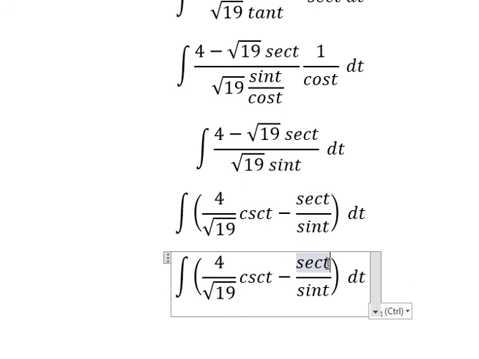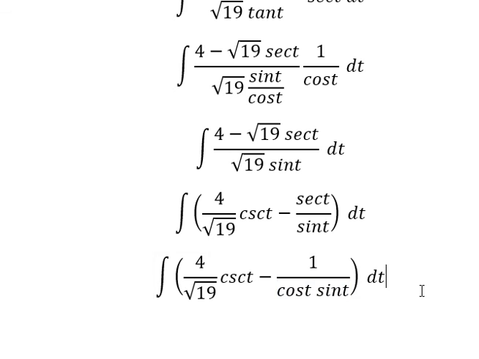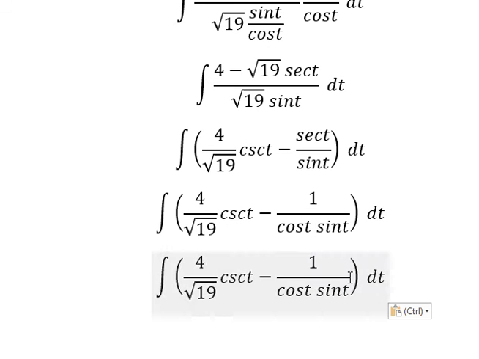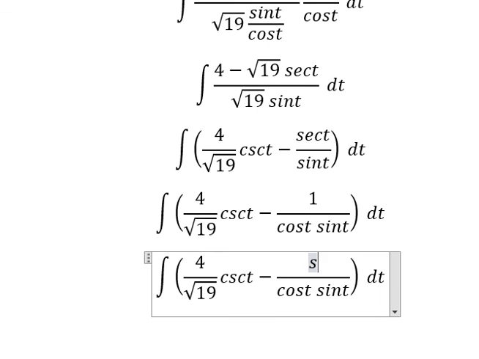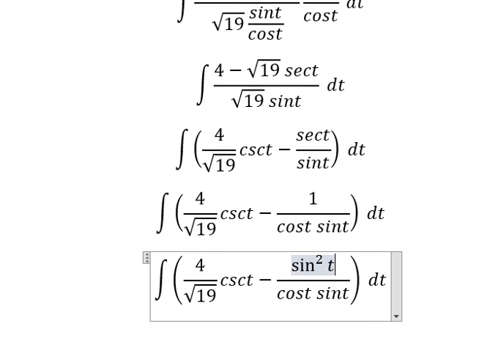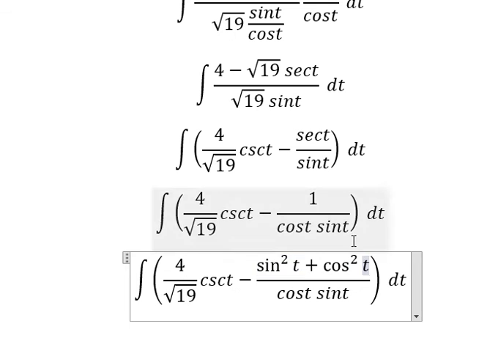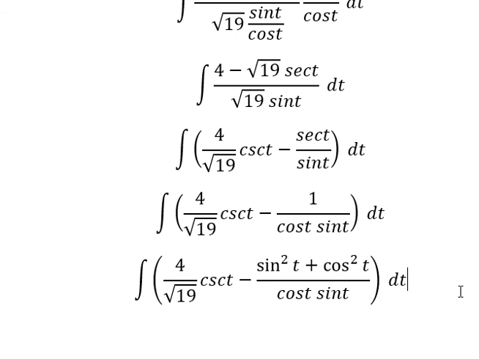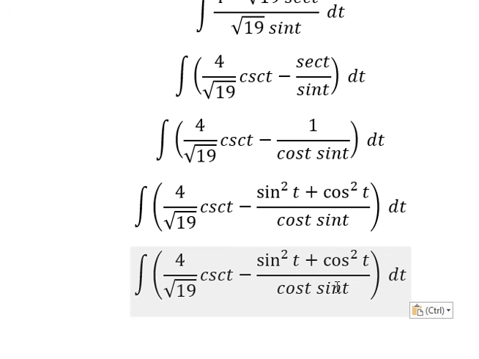Secant of t, that's 1 over cosine t. Number 1, we can change into sine t squared plus cosine t squared. So sine t squared divided by sine t, cosine t squared divided by cosine t.